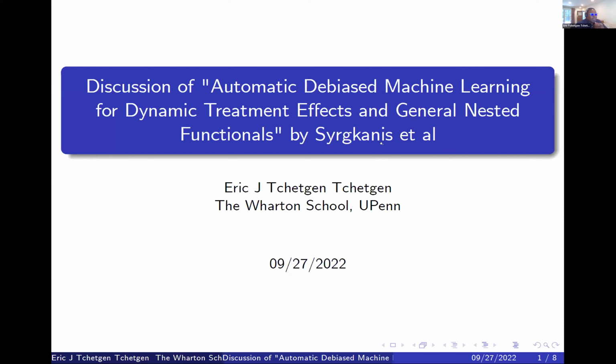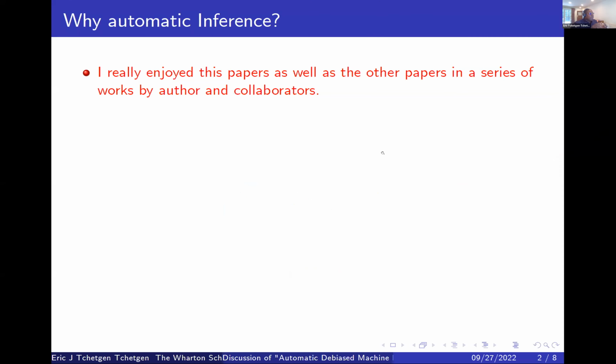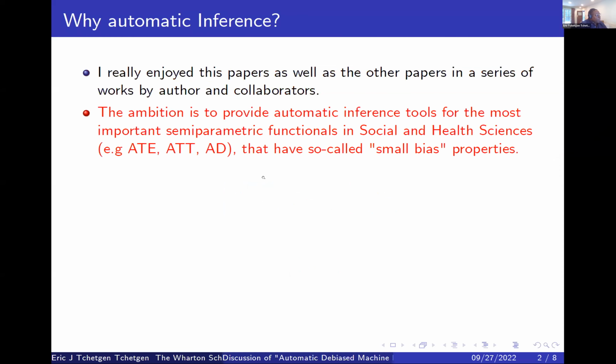So this is a discussion of Vasilis' work with colleagues. Let me jump right into it. First off, congratulations. I really enjoyed this paper, as well as the other papers in a series of works by the author and his collaborators. It's a very ambitious program that they have going there.